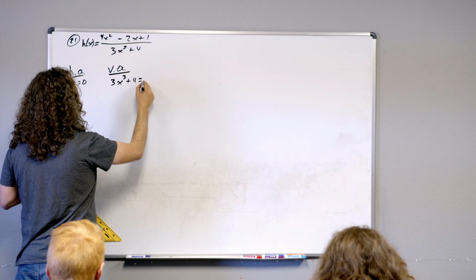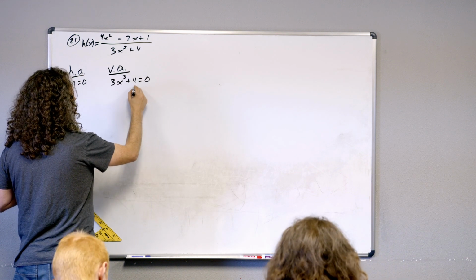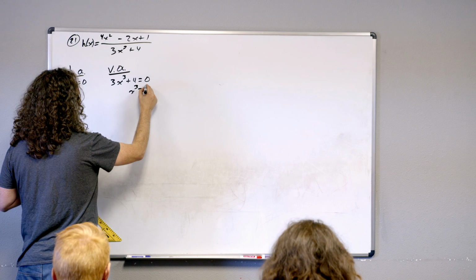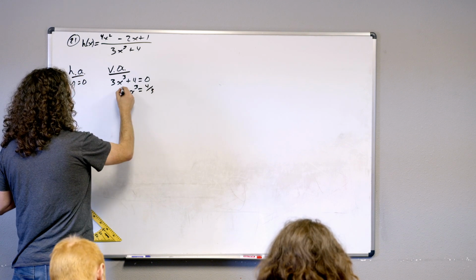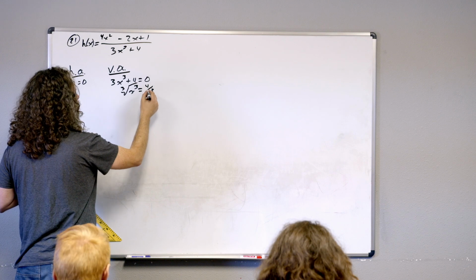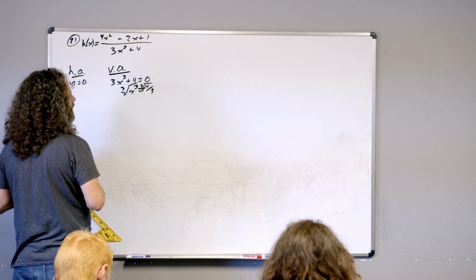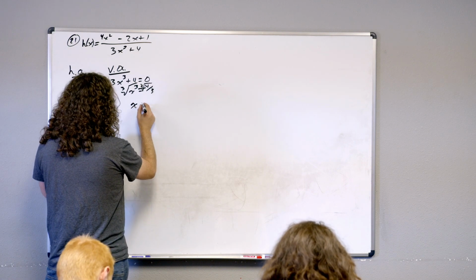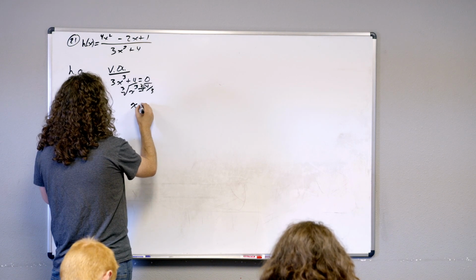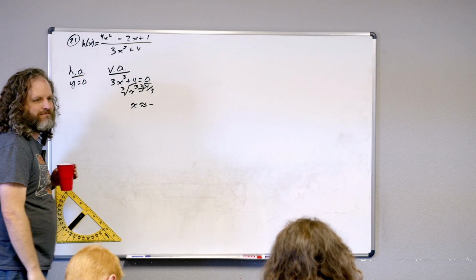So 3x cubed plus 4 equals 0, and we end up with x cubed equals negative 4/3. Then we take the cube root of both sides. So x equals the cube root of negative 4/3, which is approximately equal to negative something.